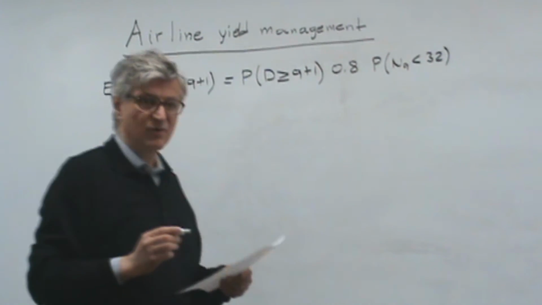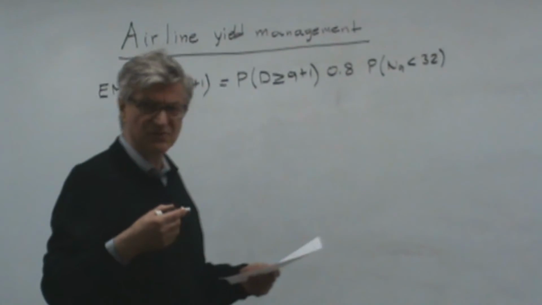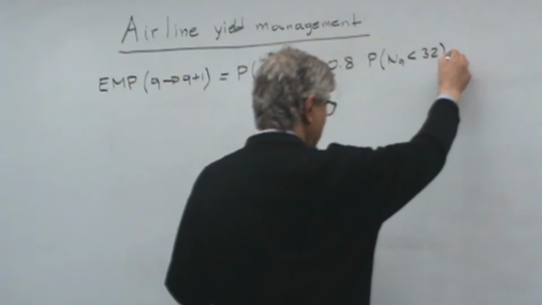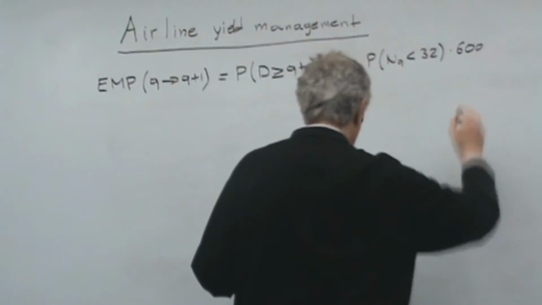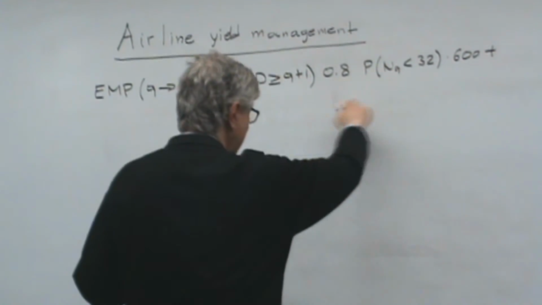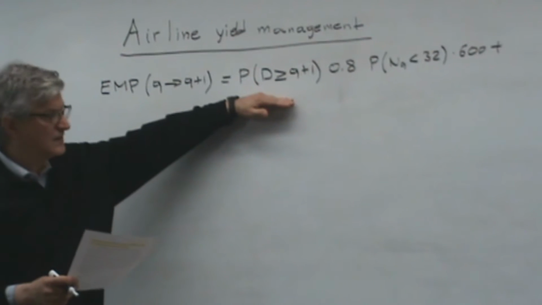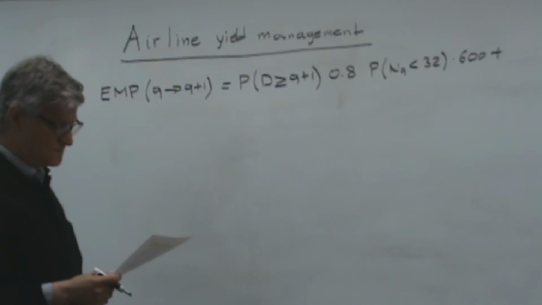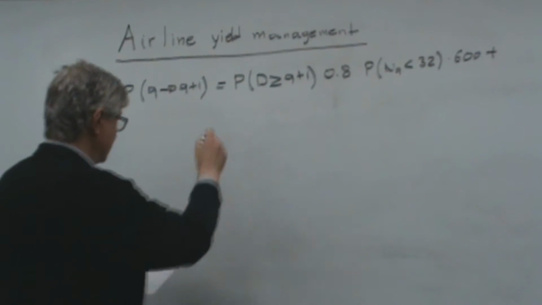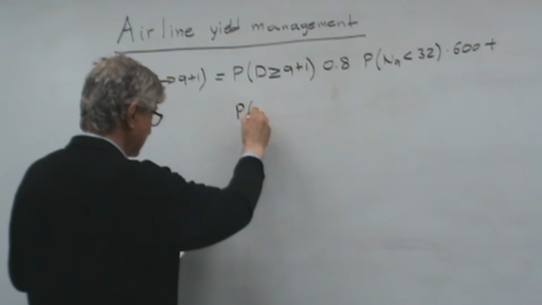That means we have a seat to accommodate the customer. Since we're calculating the expected profit, we multiply by the extra profit. This is the expected profit if we can accommodate the extra customer. And we have to consider the other case where we cannot.